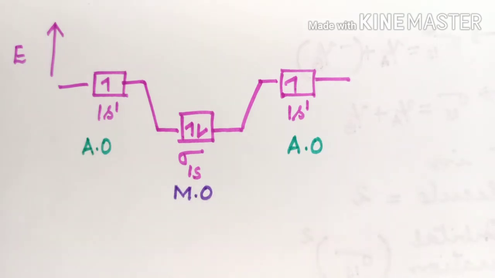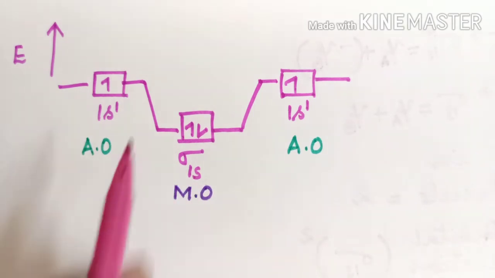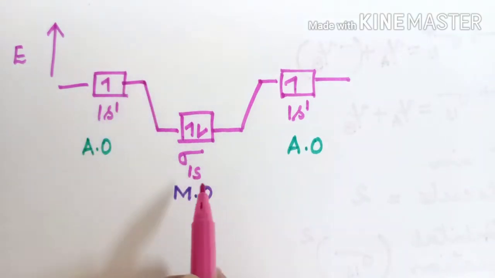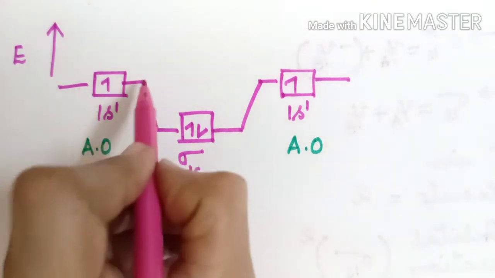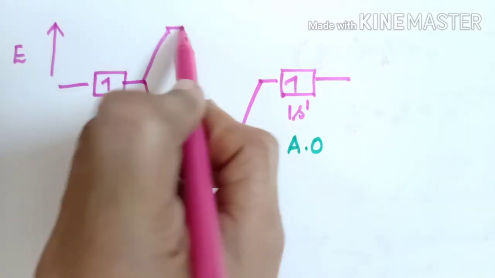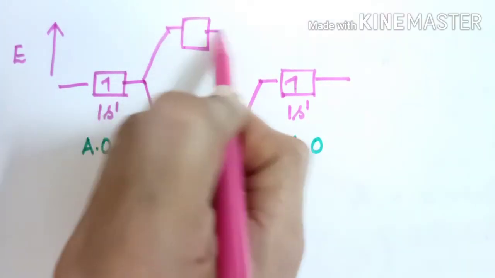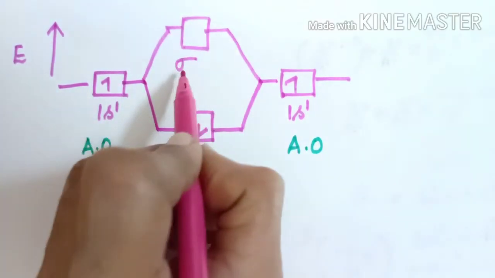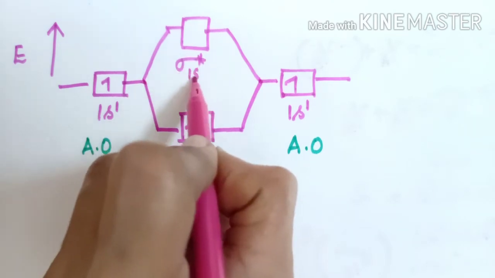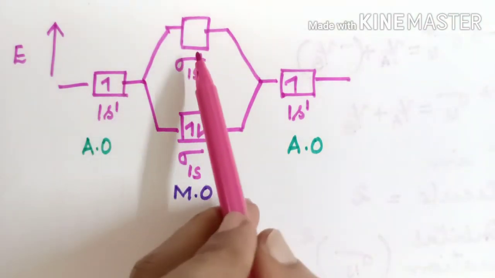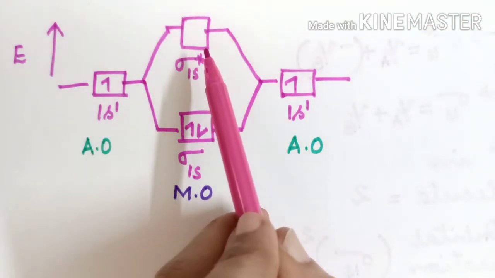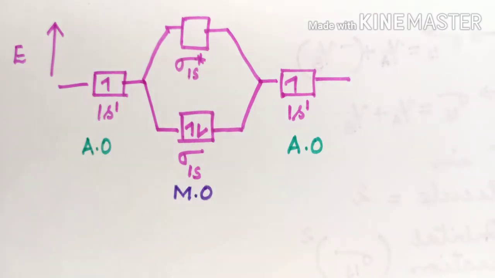How many types of molecular orbitals are formed by this combination? You find that there are two types. One is known as sigma 1s, the other one is known as sigma star 1s. So sigma star 1s is having relatively higher energy, but here you find that it is unoccupied.